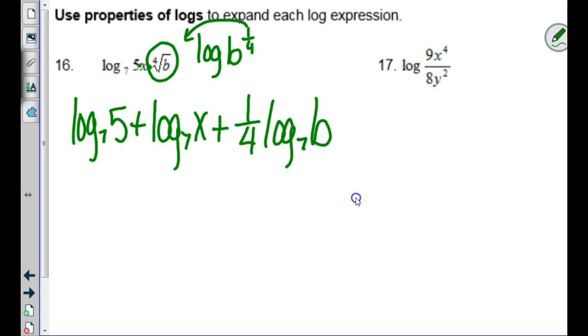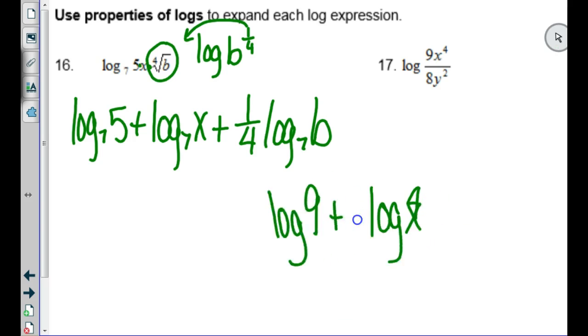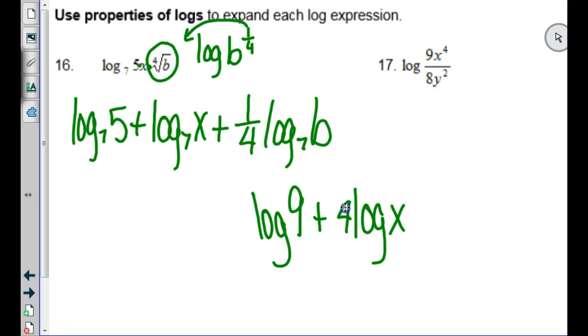What about this one? It's a 4 here, and then we move it out here, okay? I'm in trouble already because I have no room to write this. Now what?